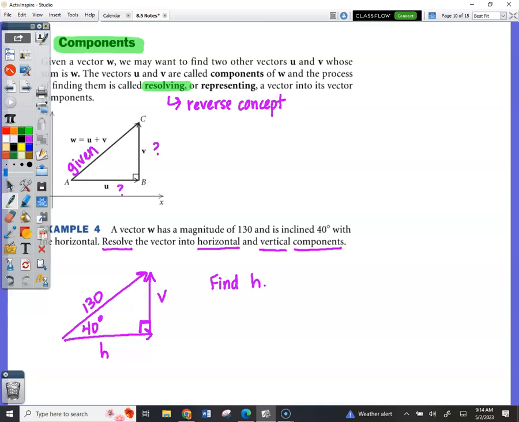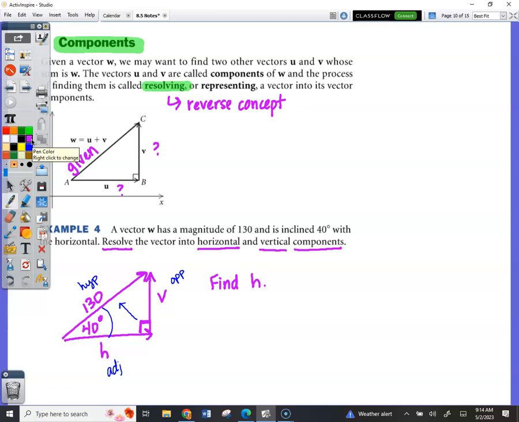So imagine covering up V. Look at this triangle. If it helps, label your picture. You have your hypotenuse. You have your angle right there. Opposite would be over here, and adjacent would be right here. Remember that from geometry?